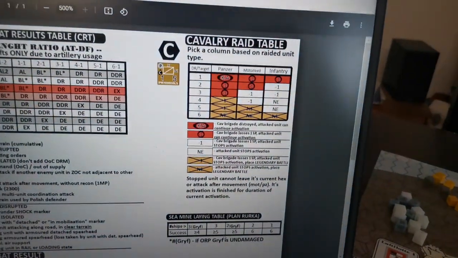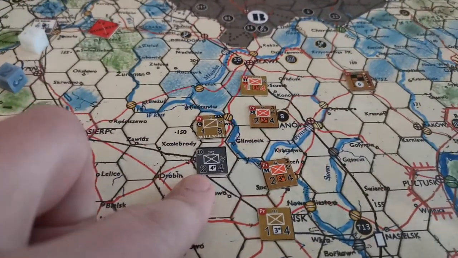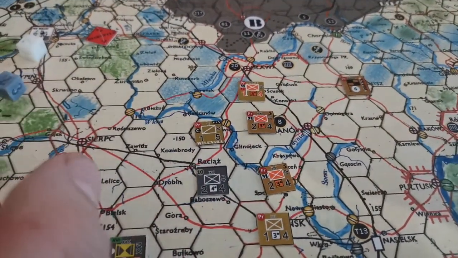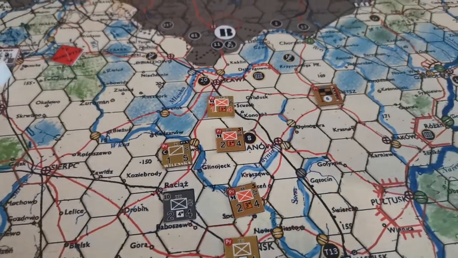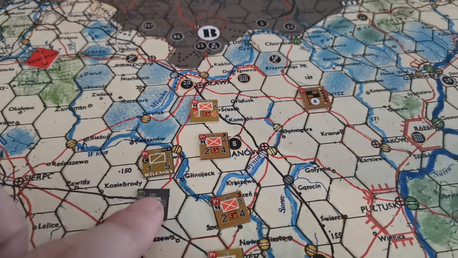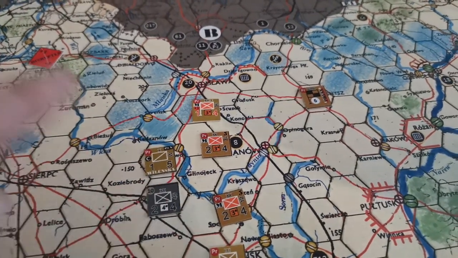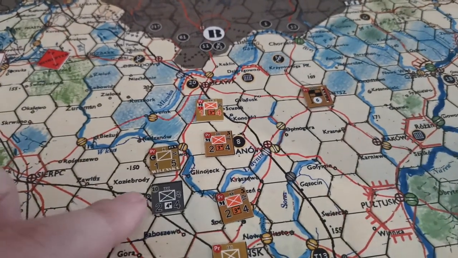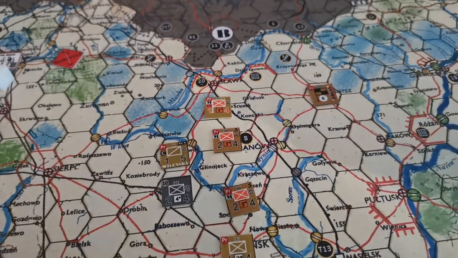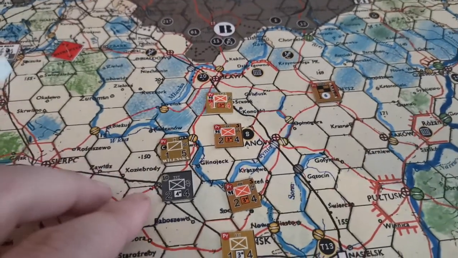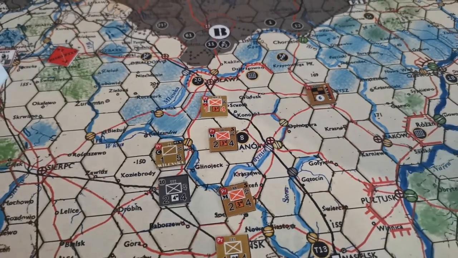There's a table. So if this unit tries to leave this hex, cavalry can stop this movement. Or if a unit enters a hex or tries to move from hex to hex in cavalry zone of control, cavalry can always react. When the reaction is successful, the unit doesn't move and stops where it is.